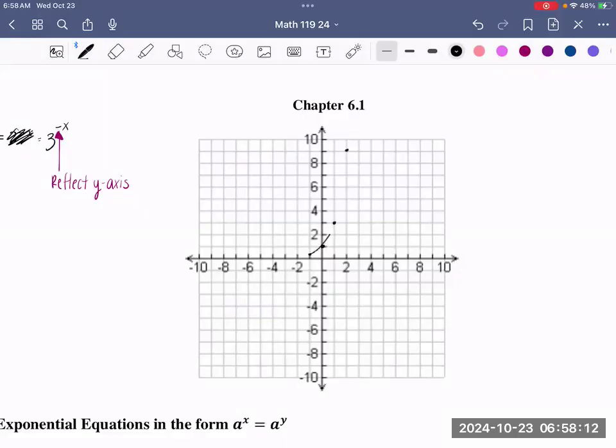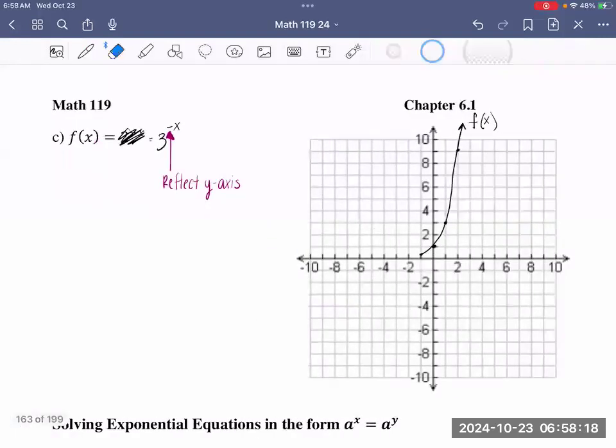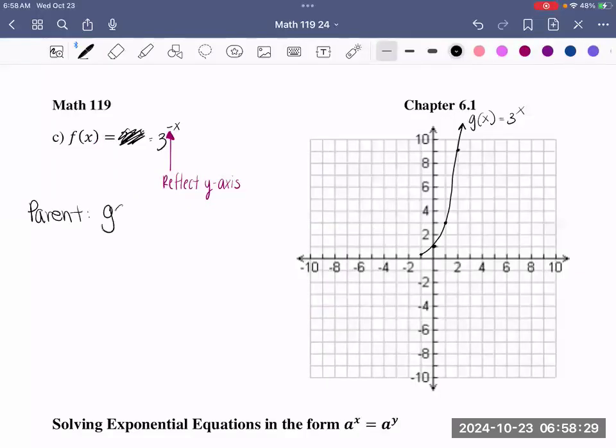So we're going to take this parent function, which we'll call g of x. G of x is 3 to the x.